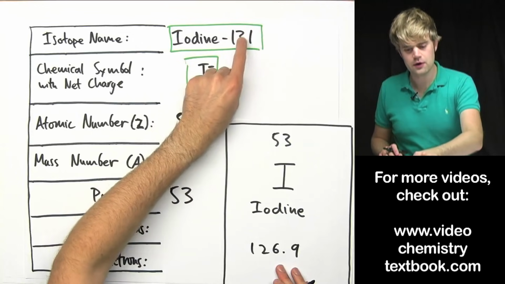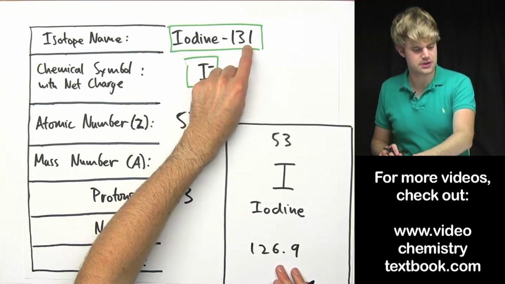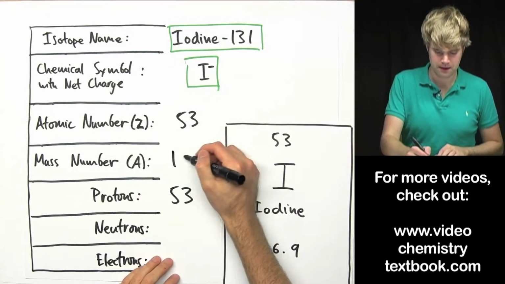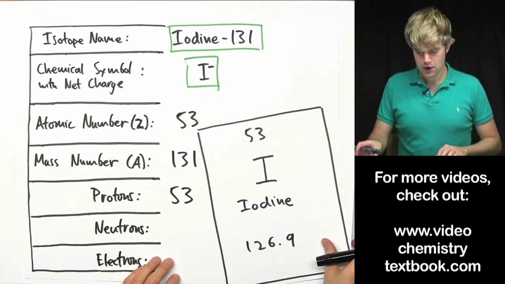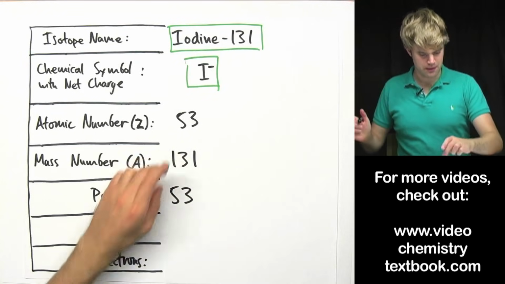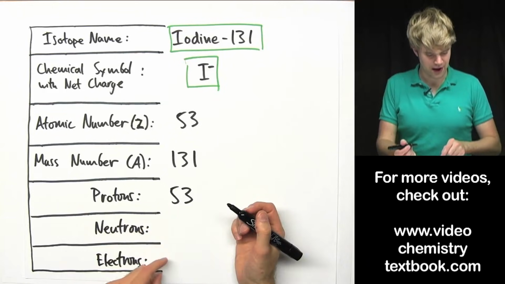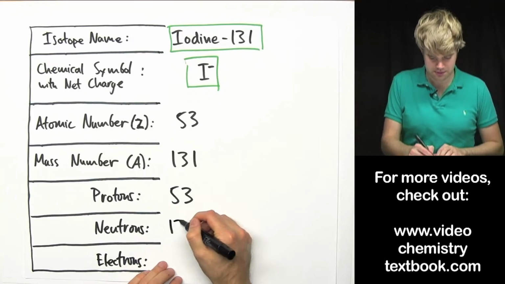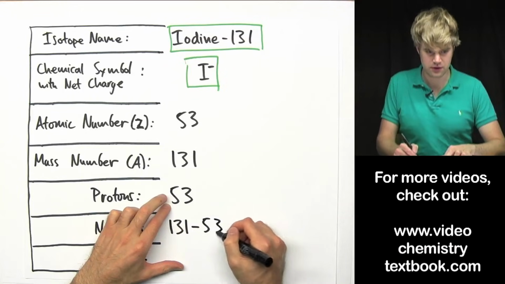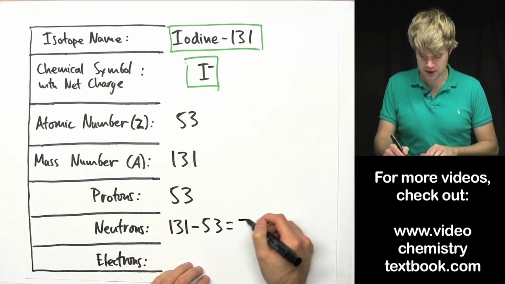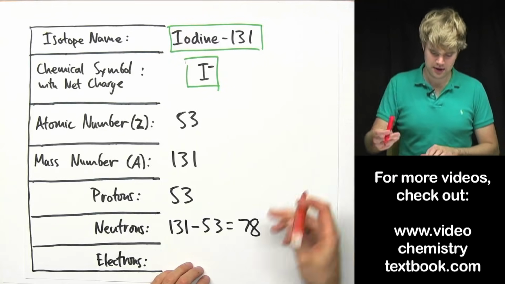The number here that comes in the second part of the isotope name is the mass number, the number of protons and neutrons together. So based on this information, mass number, I can find the number of neutrons. So protons plus neutrons minus protons, minus 53. It's going to give me 78.